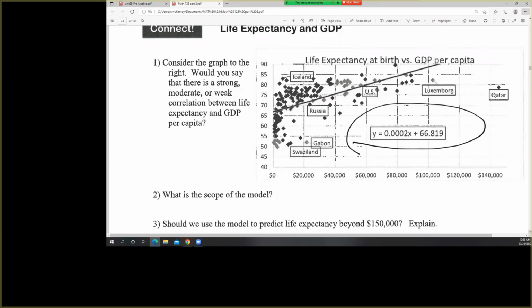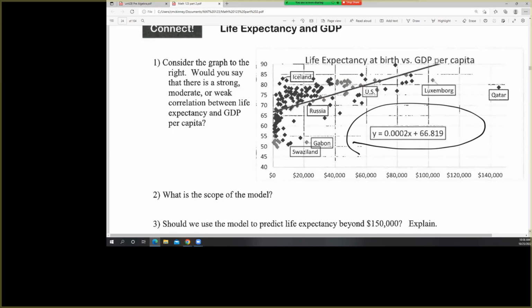If it asks, should we use it for this, and the number is beyond what you can see on the graph, then I would just say no, it's outside the scope. Especially since the points closest to the end of the graph are not anywhere close to the line already.